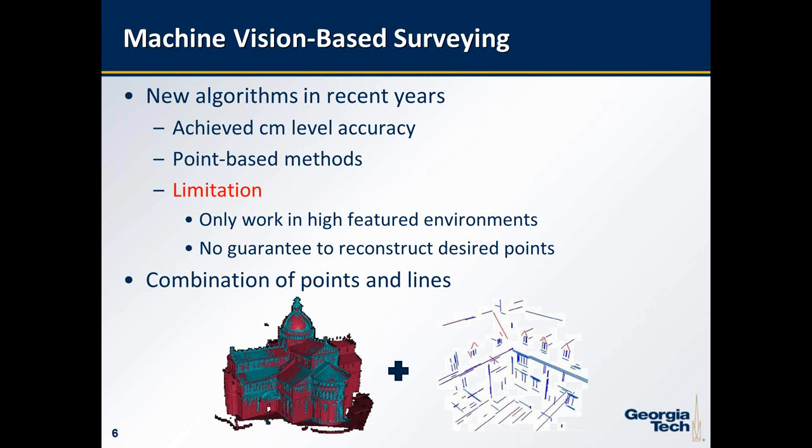Usually man-made environments consist of lots of line features, and usually contractors are interested in getting the measurements for those lines. So if we can combine points and lines together and provide a method that does that, it will enhance the accuracy and provide the requirements that we need in the construction industry.